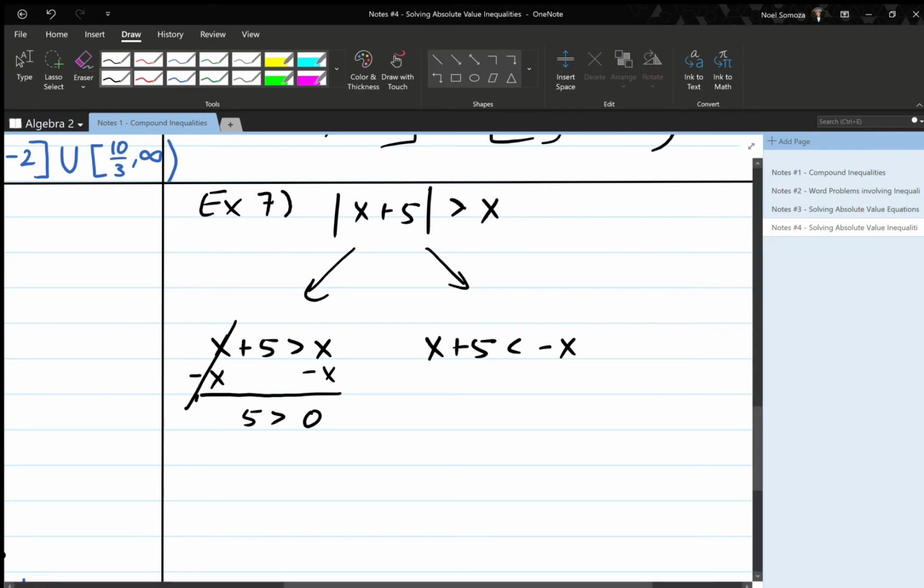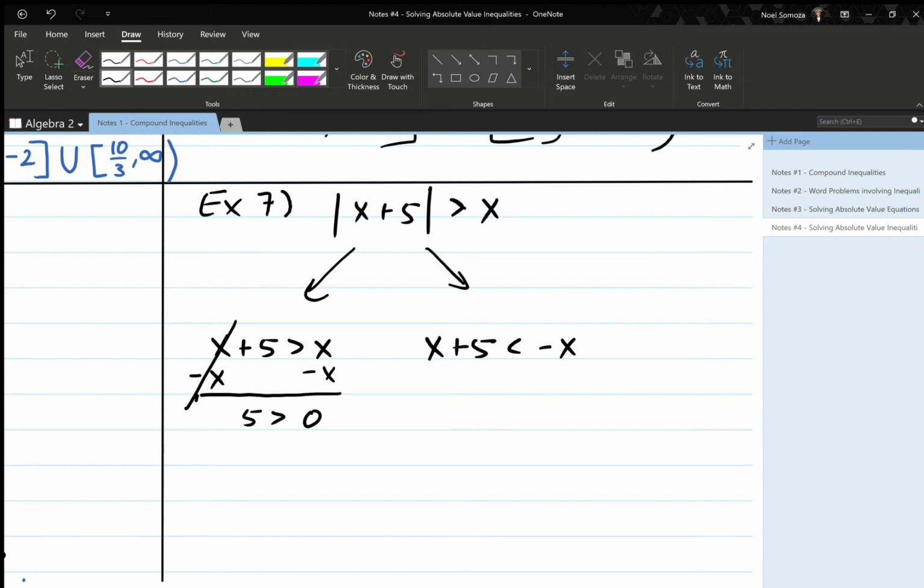Is that a true statement? Yes, 5 is greater than 0. When you get that, what does that usually tell you? When you get a true statement. What if you got a true statement with systems of equations? What would you say?